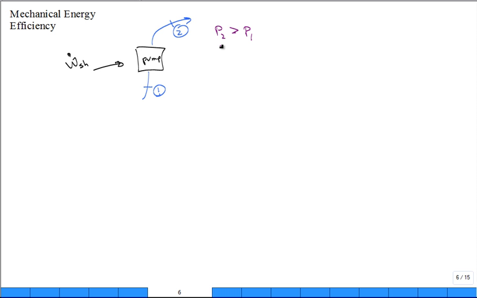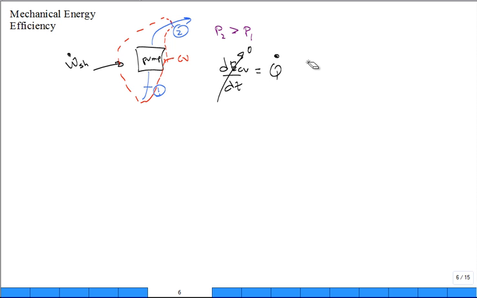If you go back to the first law for a control volume, from Thermo 1, we could write an equation where it's operating steady state. So the rate of change of energy in the control volume with respect to time is 0 because it's steady state. The rate at which energy flows in by heat, we don't really want any heat.